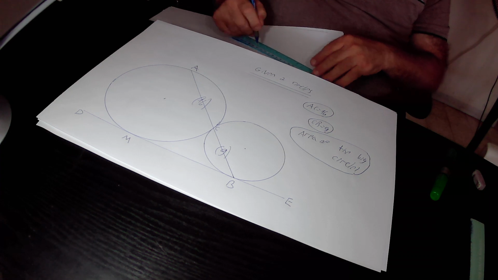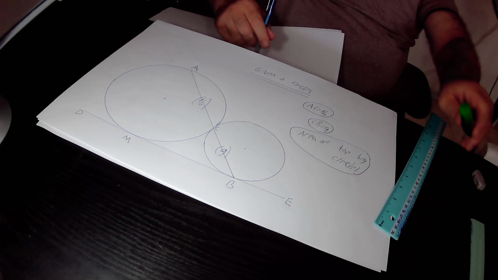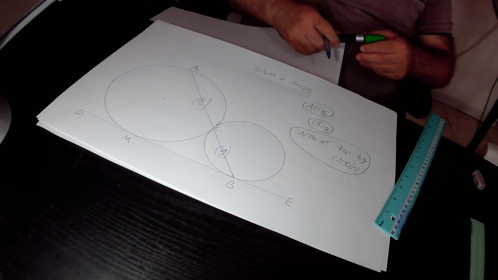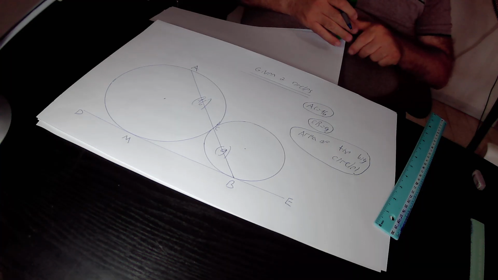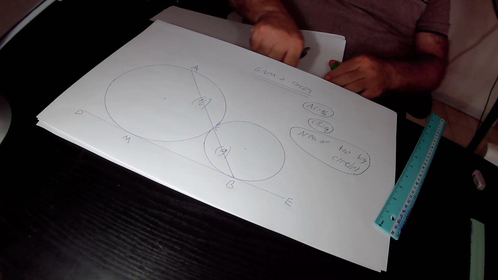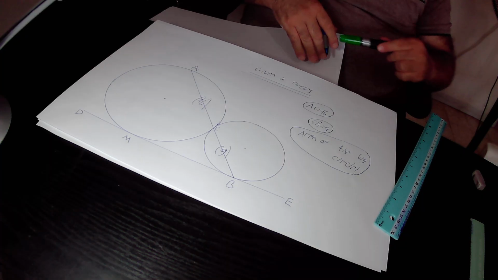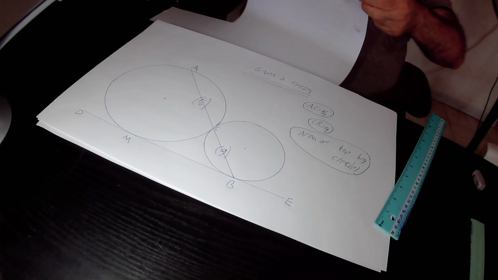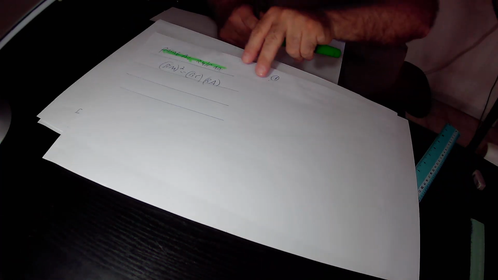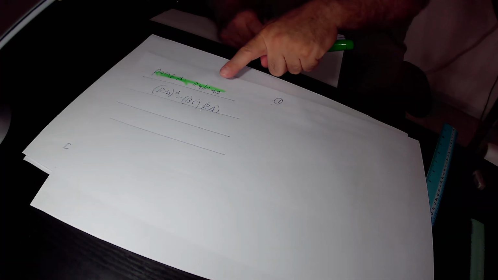Again, if we focus on the common extreme point B, according to rule 10, BM square equals BC times BA.